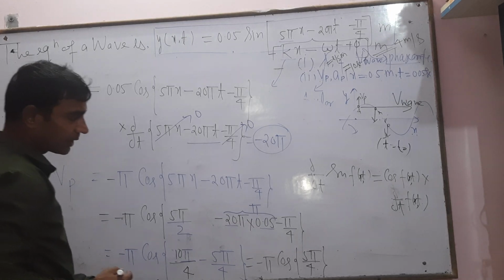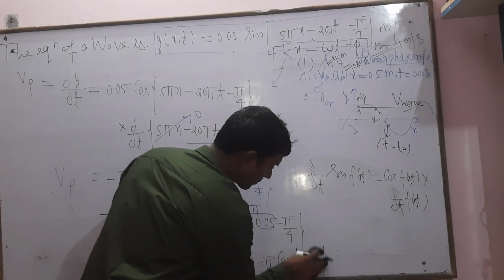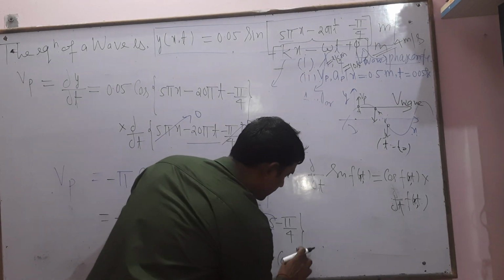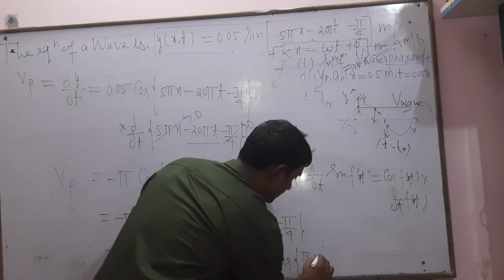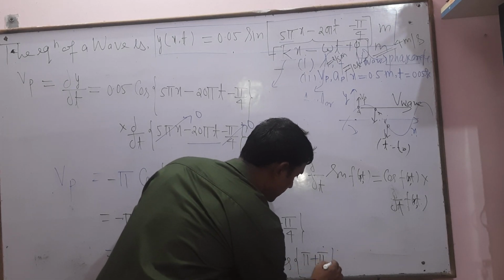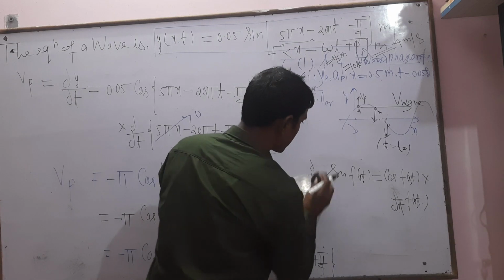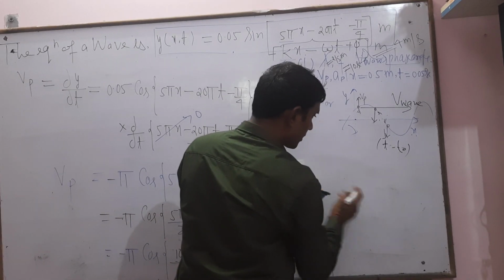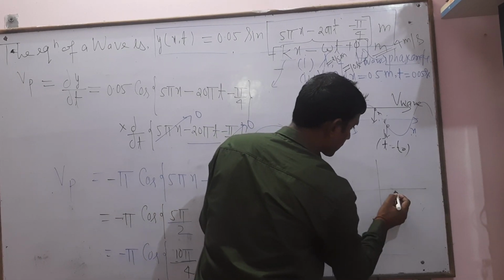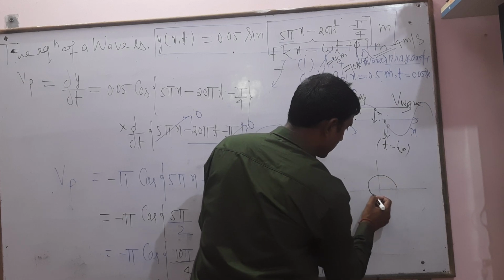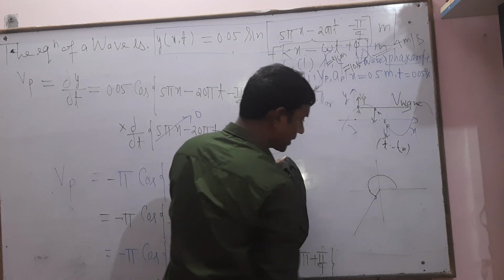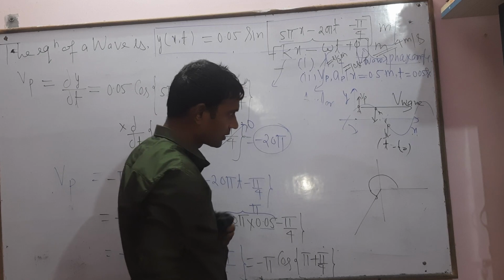5 pi by 4 can be written as pi plus pi by 4. This comes out in the third quadrant.